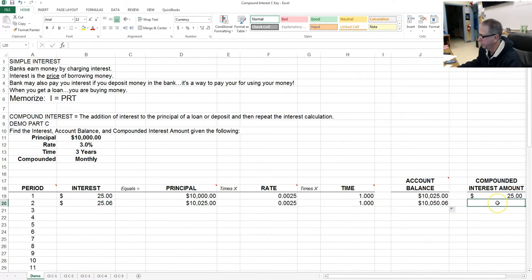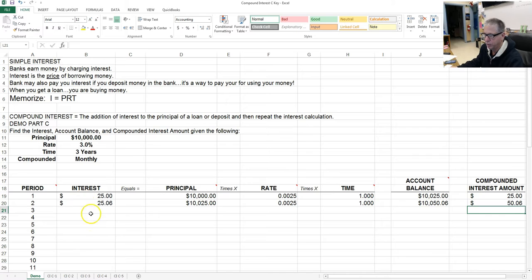And for the compounded interest amount, we need to put in one more formula here to keep track of all of that interest that gets compounded. So equal sign, previous compounded amount plus the compounded amount for the current period, which is this 25.06. And now we have a total compounded amount of interest of $50.06 at the end of the second month.